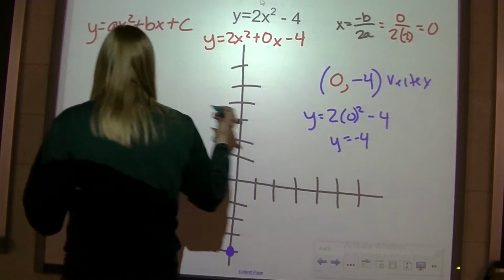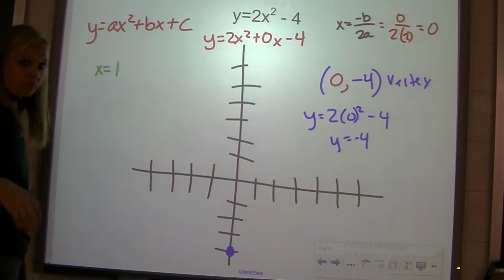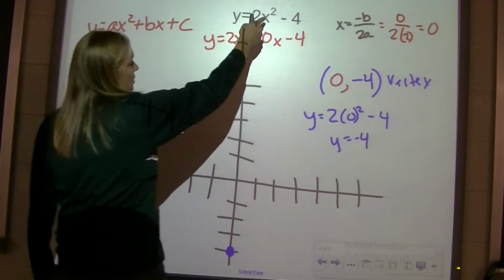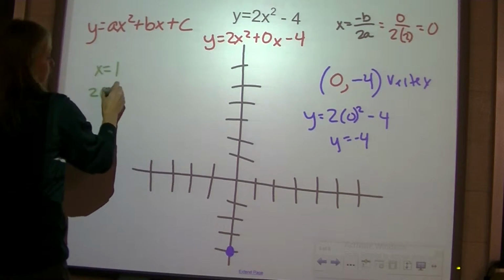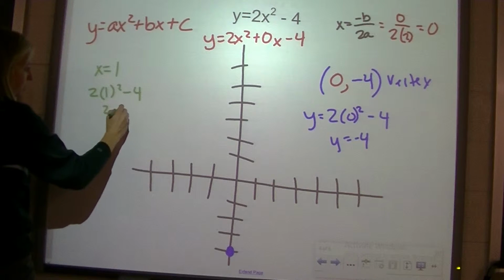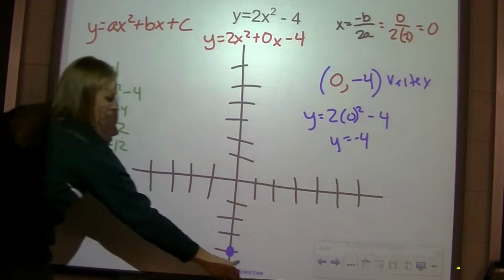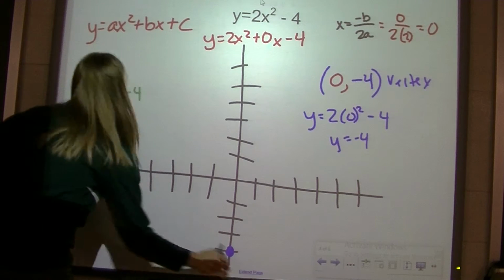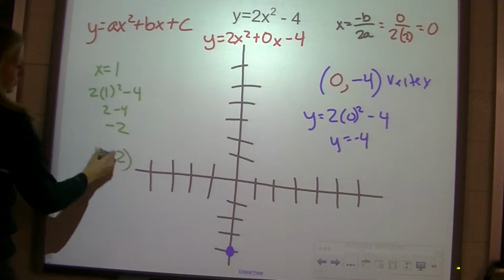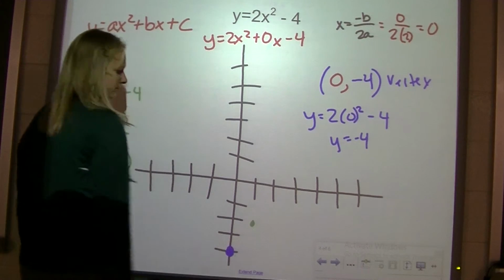So let's say x equals 1. I plug 1 in, so that's 2 times 1 squared minus 4. 1 squared is 1, 1 times 2 is 2, 2 minus 4 is negative 2. So that ordered pair is 1, negative 2. So let's plot that.